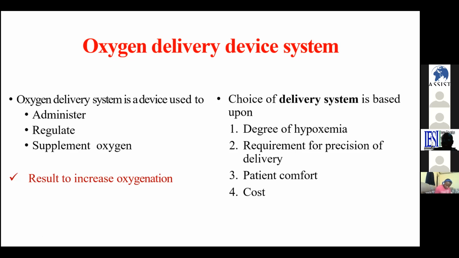Of course, you will see the degree of hypoxemia of your patient. As long as you have a pulse oximeter, you can get the severity of hypoxia. Of course, you will need a requirement for precision of delivery. You need materials to administer the oxygen to the patient.